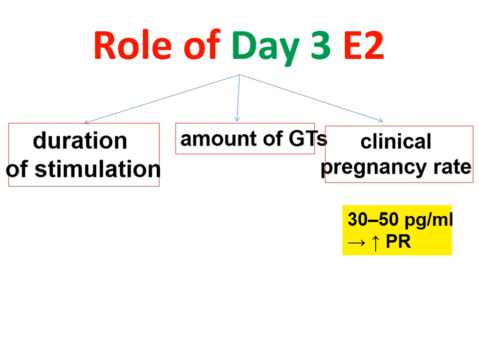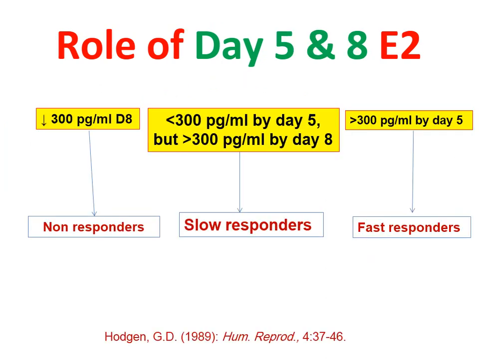One of the important tools to expect or predict empty follicle syndrome and poor ovarian response generally is to measure estradiol. On day 3, if the estradiol is from 30 to 50 picogram per milli, this means that there is an expected good response with increased pregnancy rate.